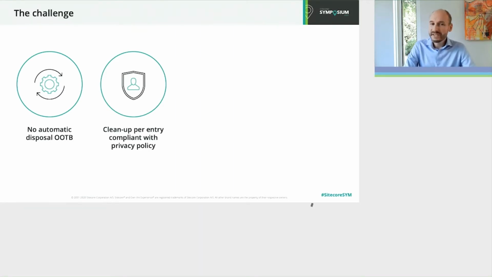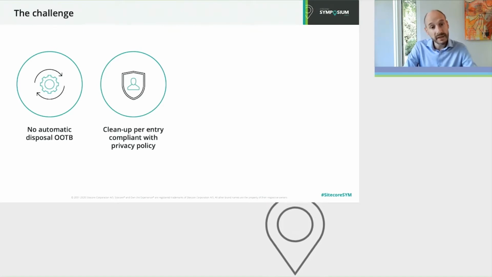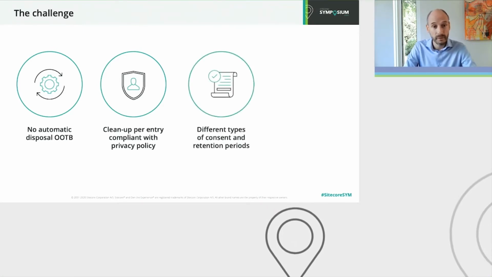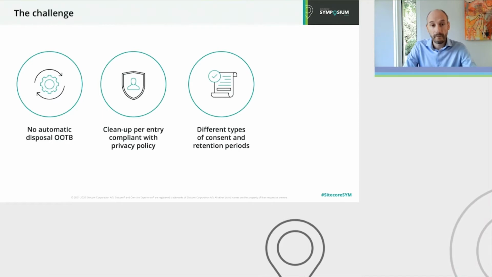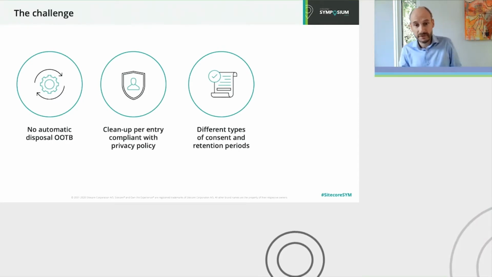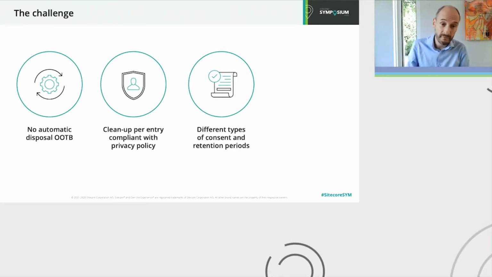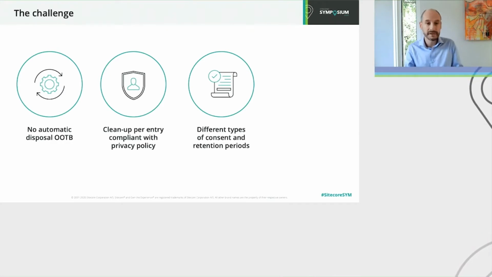Secondly, we need to clean data per entry, so per visitor, and we need to stay compliant with our privacy policy. Also, there's different types of consent and different types of retention periods. So for example, for a marketing campaign, you want to store data for a couple of months, whereas for the Sitecore XDB profile, you might want to store data for a longer period of time, like a few years.